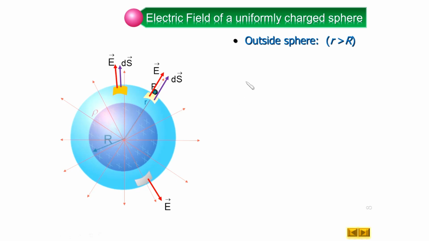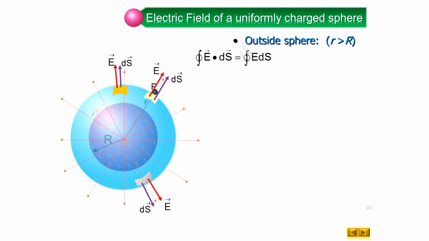So one thing we can do, we can write the Gauss law again, the left hand side of the Gauss law, and we can observe E vector and ds vector are parallel at each and every point. So we can write E dot ds equal to E multiplied by ds. And again, because of the symmetry property, we can say E is the same at each and every point on the Gaussian surface.